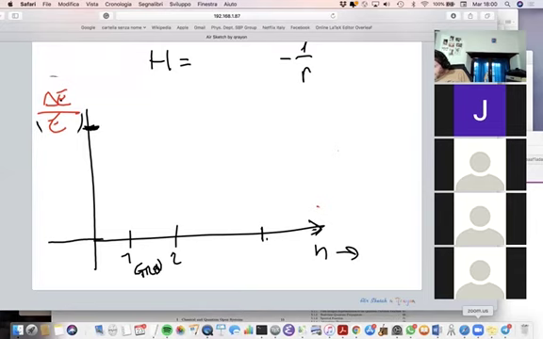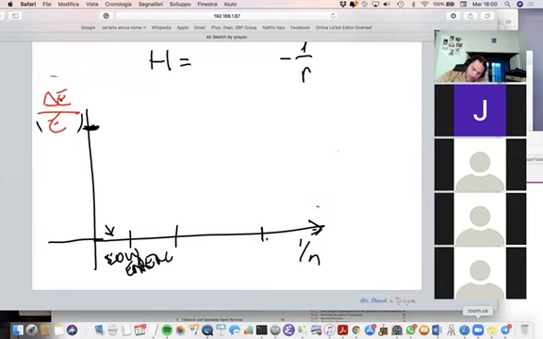I just want to make sure. Okay, fine. Yeah, I was correct as I was doing before, right. So here are the low energy states. And here is the ground state.